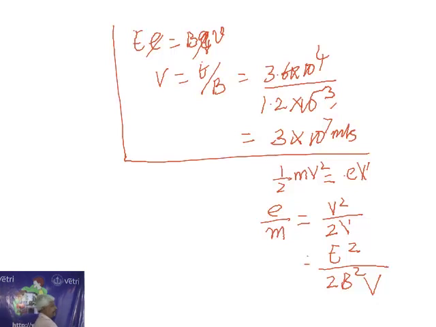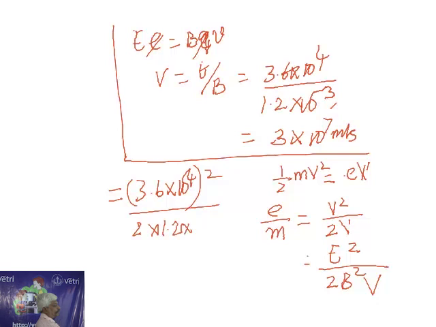So in this it is easy. Just now we know the electric field E is 3.6 × 10^4, the whole squared, divided by 2 times B, 1.2 × 10^-3 Tesla, the whole squared, times V, the accelerating potential in the given problem, 2500.